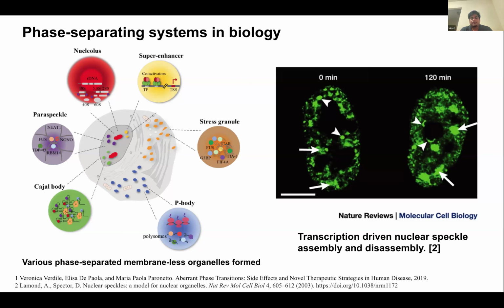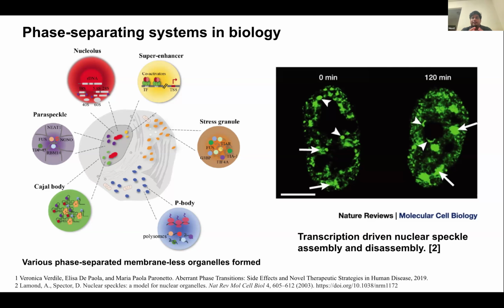And these organelles are nothing but membraneless organelles, which are just bound by non-specific, weak interactions between biomolecules. So what happens is there are proteins which are mixed in the cytoplasm or nucleoplasm.